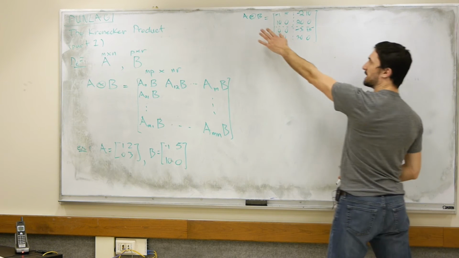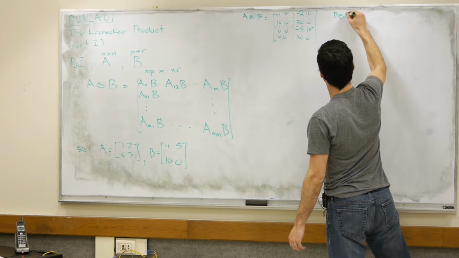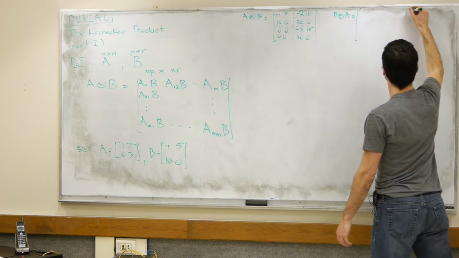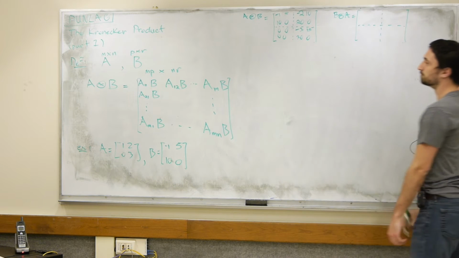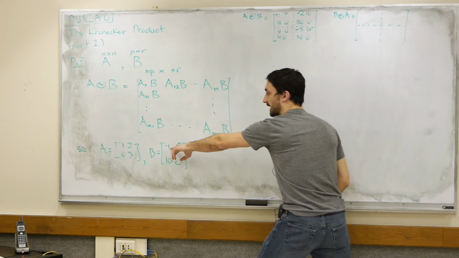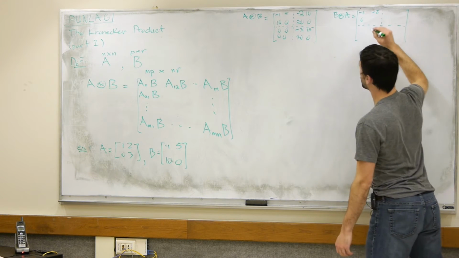All right, well, what about B Kronecker A? We take -1 times the whole matrix A, and we get this.